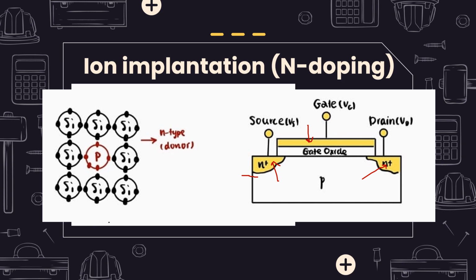We've got our distorted silicon lattice now with a phosphorus element, and we can see how every electron is paired except for the extra electron of the phosphorus, which would be this electron right here. So this causes a negative charge and will allow the flow of electrons.